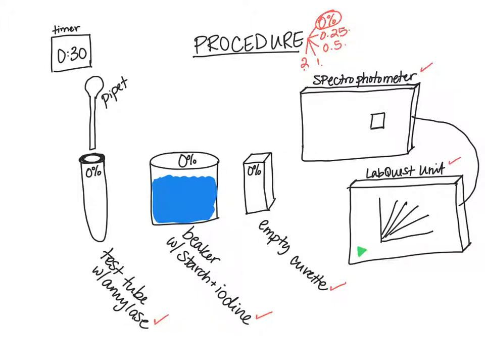So once you have everything set up, one person is going to set a timer for 30 seconds. A second person at the same time is going to use a pipette, or you might be using something called a micropipette.